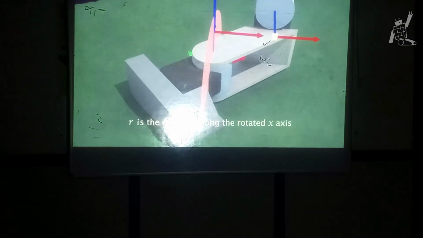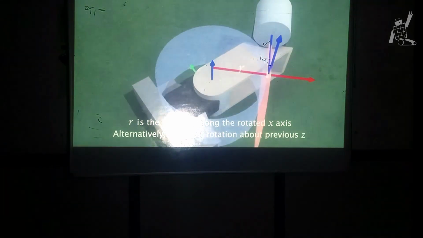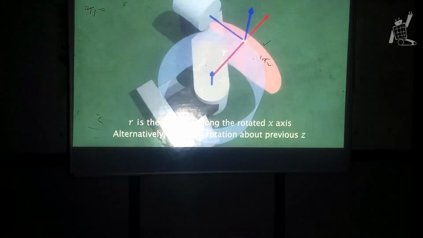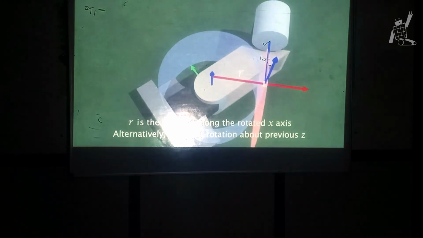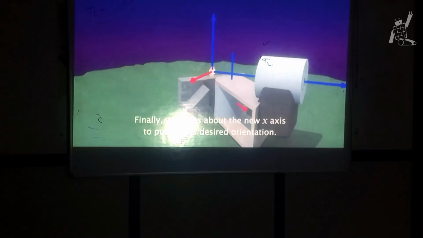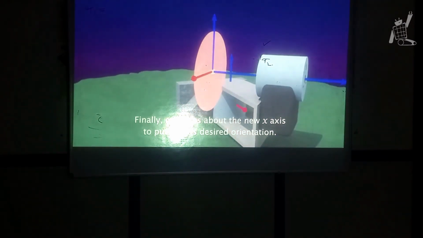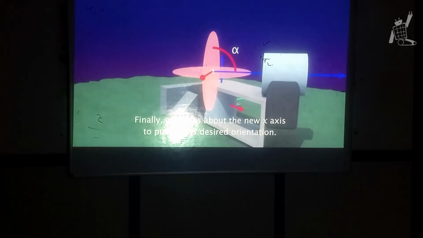R is the length of the common normal itself. Most texts call this parameter a, which is unfortunately easy to confuse with alpha. Instead, calling it r is apt, as this is also the radius of revolution for the new origin about the previous z. Finally, alpha rotates about the new x-axis to bring z into alignment with the axis of joint motion.